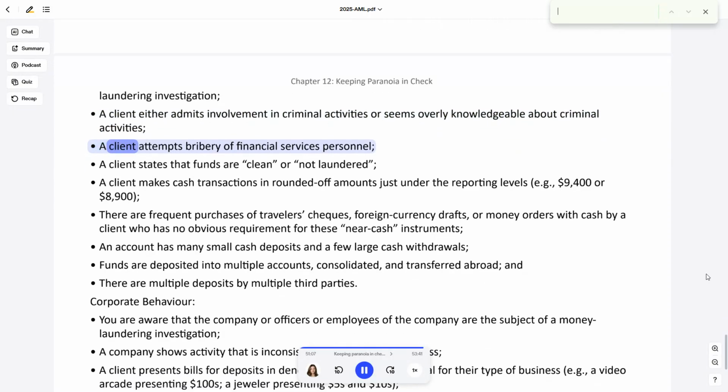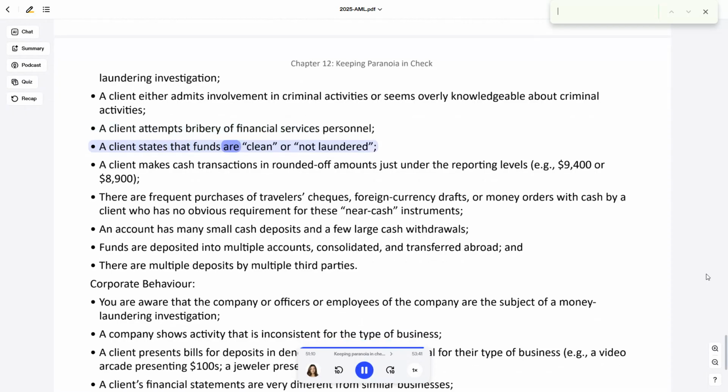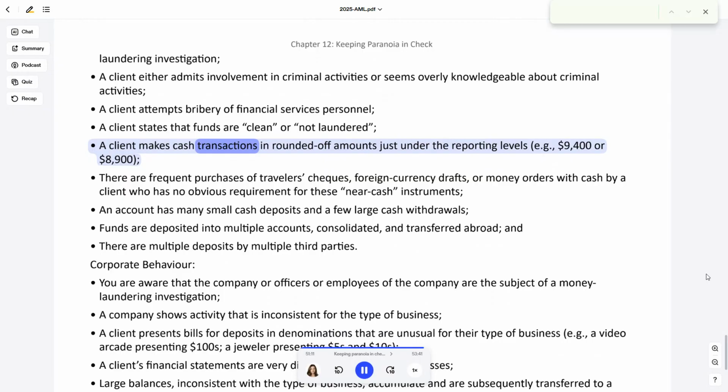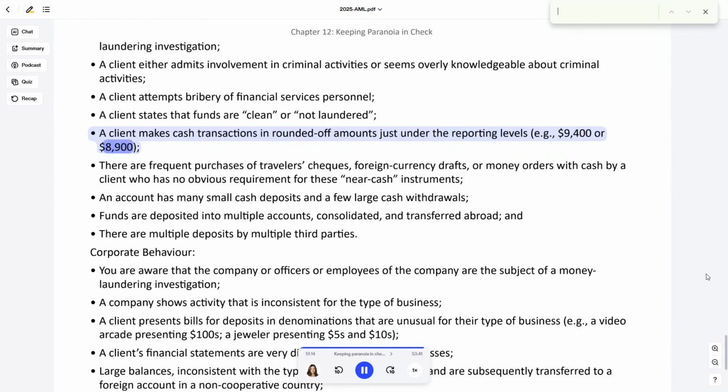A client attempts bribery of financial services personnel. A client states that funds are clean or not laundered. A client makes cash transactions in rounded-off amounts, just under the reporting levels, for example $9,400 or $8,900.